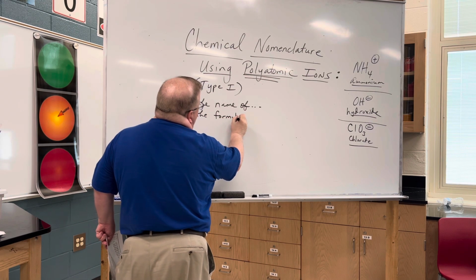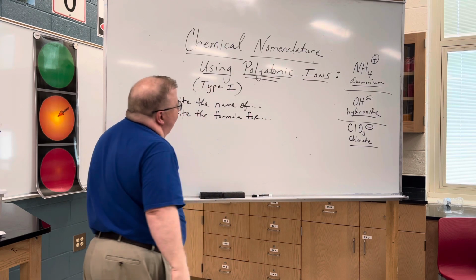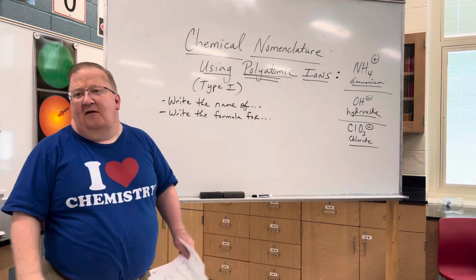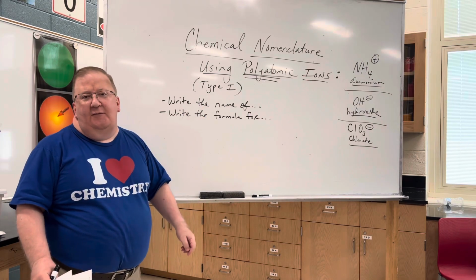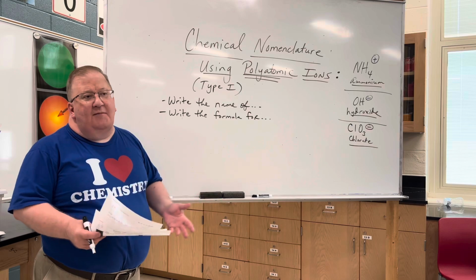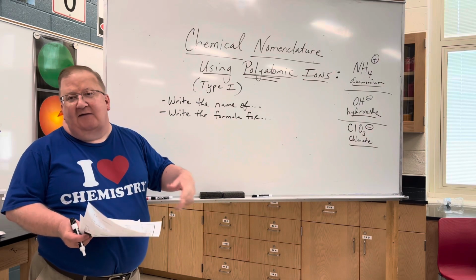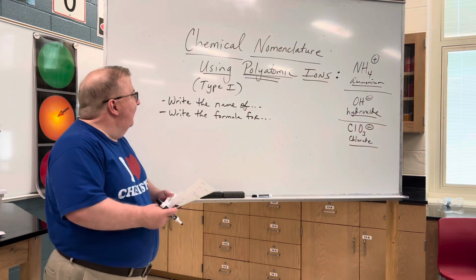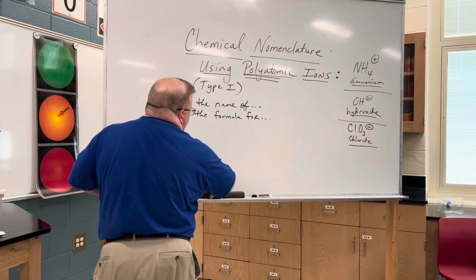Okay, and that'll be it. On your next test, that's all the directions would say. Write either the formula for or the name of, and you'll be given either the compound formula or the entire name and be asked to write the formula. All right, let's do the write the formula first, okay?